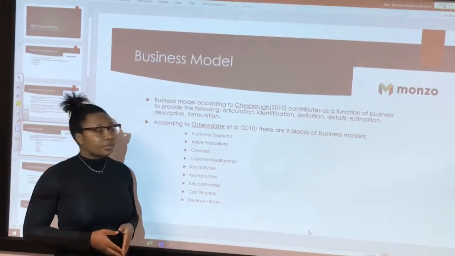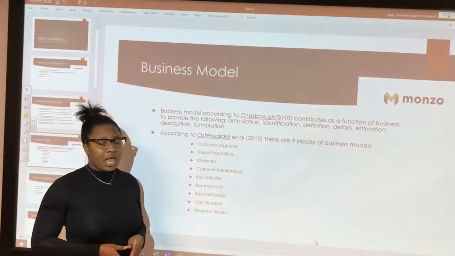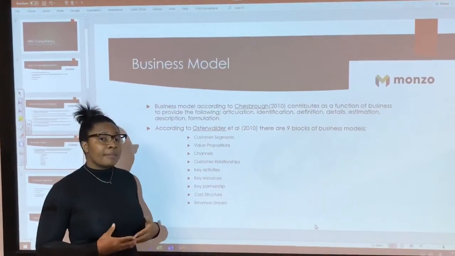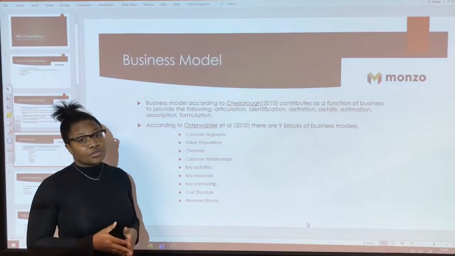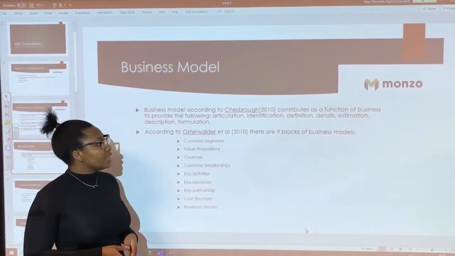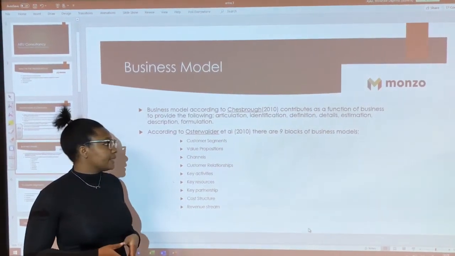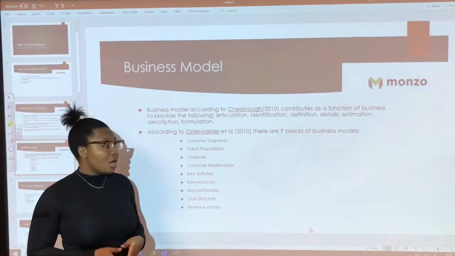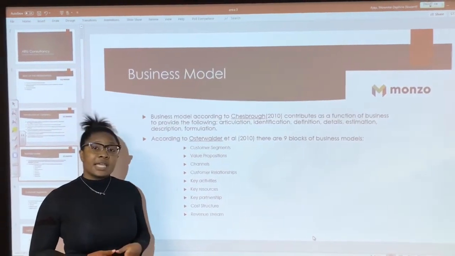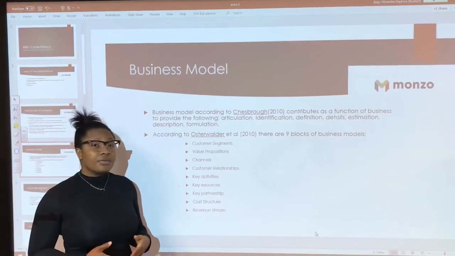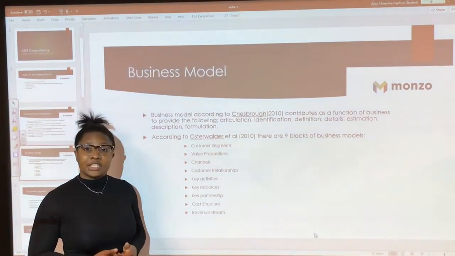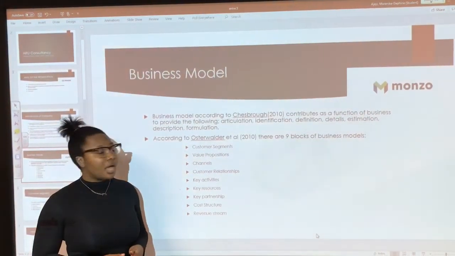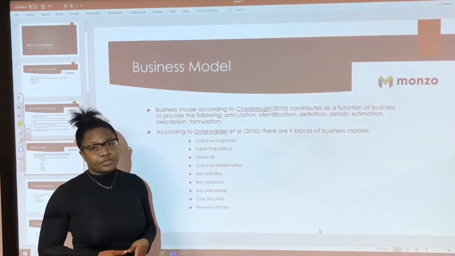Under the business model, we have 9 blocks, and these blocks are what my group members and I are going to deconstruct and analyze. They are the customer segment, value proposition, channels, customer relationships, key activities, key resources, key partnerships, cost structure, and revenue stream.